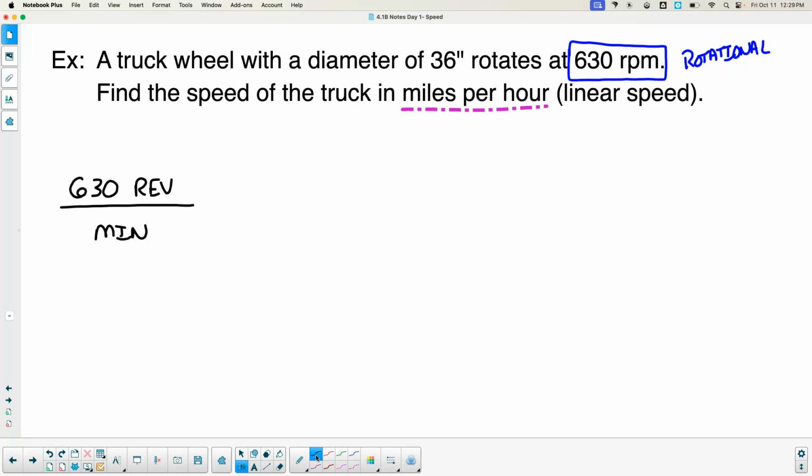Revolutions? Okay. All right. So if I'm going to take my revolutions, according to my speed chart, I'm way up at the top in rotational speed. First, I got to go to angular speed. Well, angular speed says that I'm going to take one revolution is 2 pi radians.